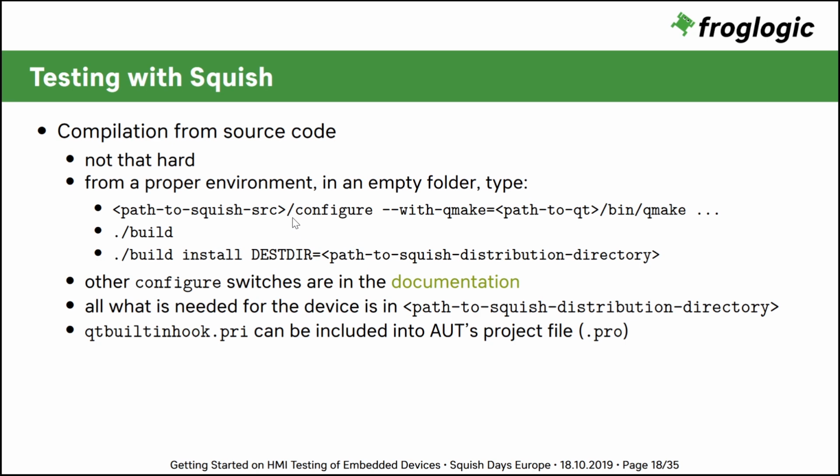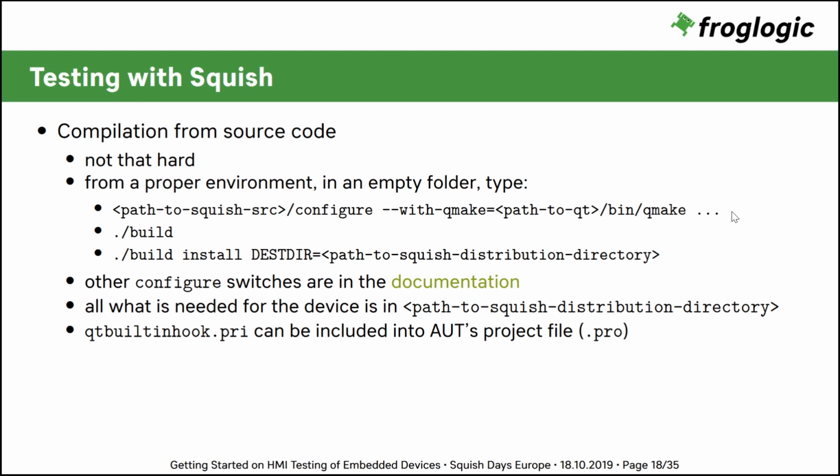Building Squish from sources for your target embedded system is not that hard these days. It boils down to running these 3 commands: configure, build, and build install. So basically you have to tell Squish configure where your Qt is which you want to use, so the Qt which is used on the embedded device.